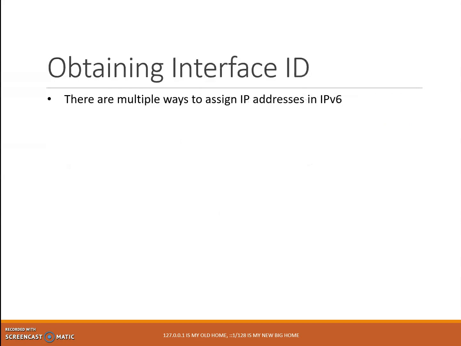Now, the interface ID is the second part of the IPv6 address structure. There are multiple ways to assign the interface ID, or to assign the IPv6 address. Number one, static address assignment. This is manual assignment.